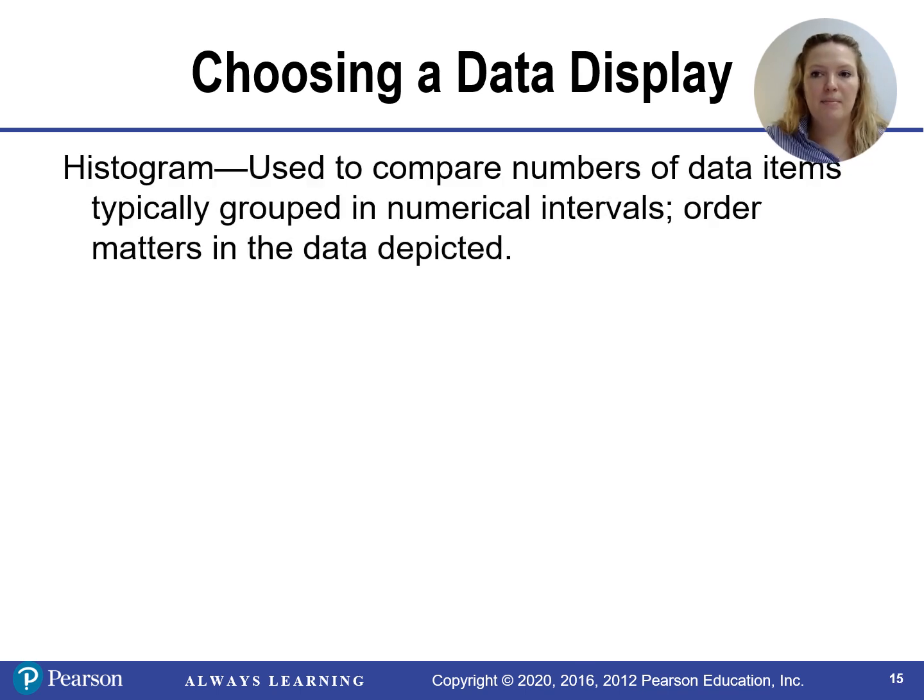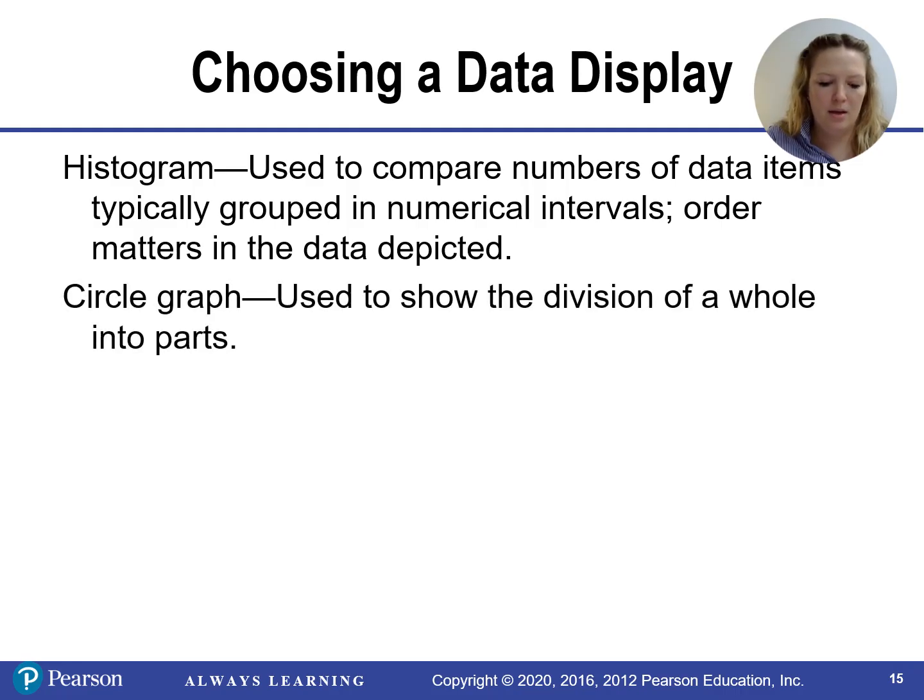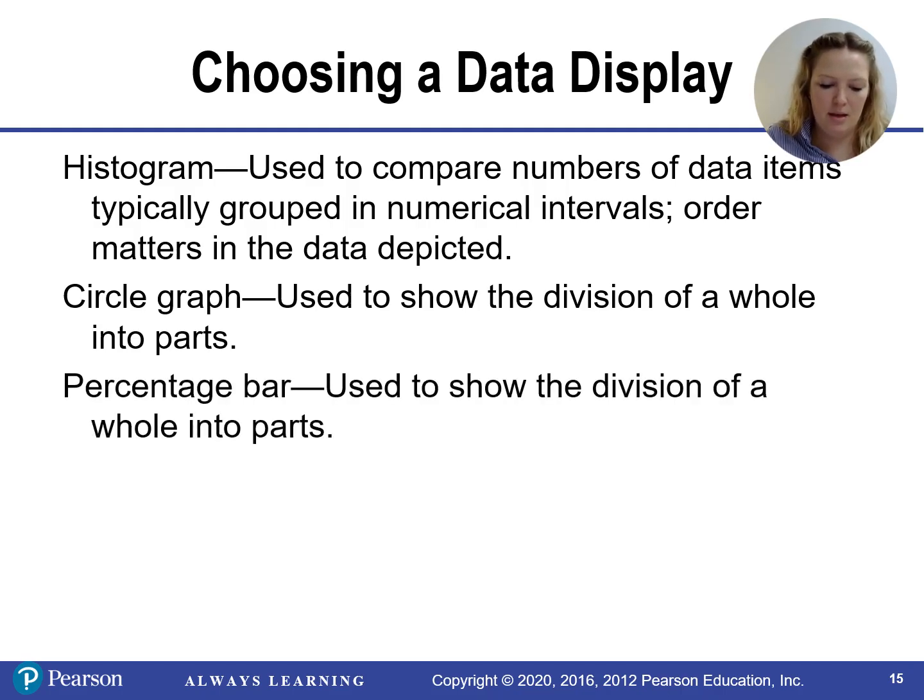A histogram works with numerical data, and it helps us compare numbers of data items in certain intervals. A circle graph shows the division of a whole into parts. Again, that's categorical data. A percentage bar shows the division of a whole into parts.